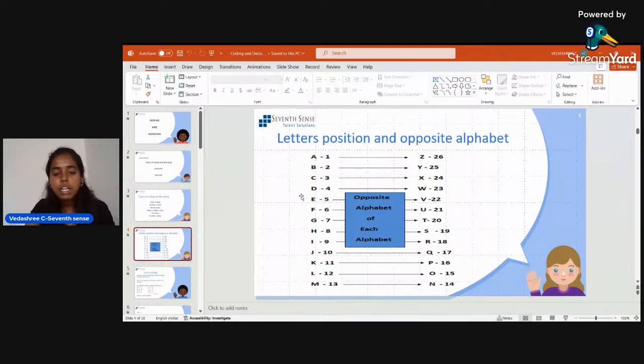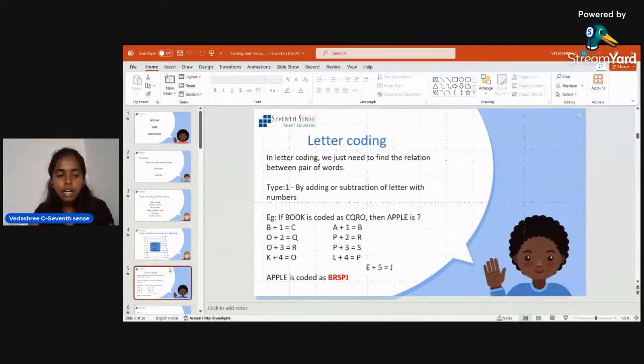So if we get a question asking for the opposite letter of G, then we need to know that the opposite of letter G is T. First we need to know this technique, that is letter position and also opposite alphabets. Next we'll move on to the first type of coding, that is letter coding. In letter coding, we just need to find out the relationship between a pair of words.